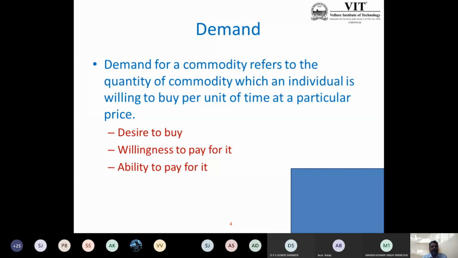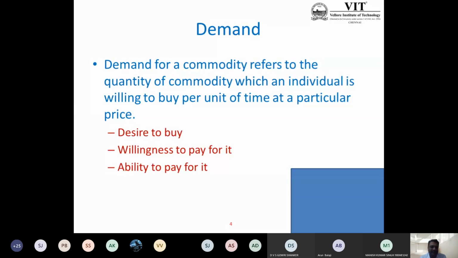I don't want to spend 3,000 bucks on just perfume. Do I create a demand for that perfume? I have a desire to buy it, I am capable of paying, I have enough money, but I am not willing to pay for it. If somebody gives it, I will be happy to use it.